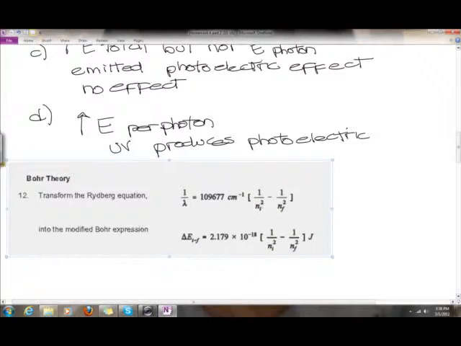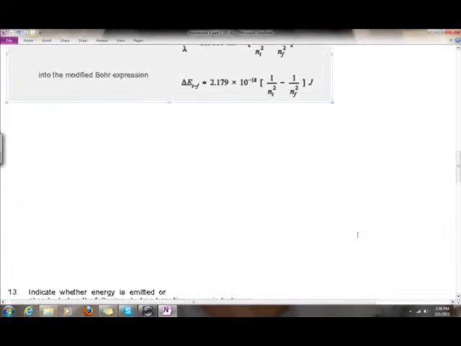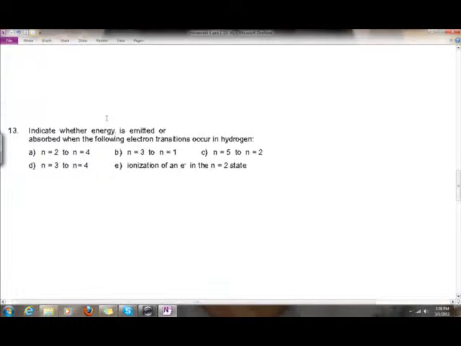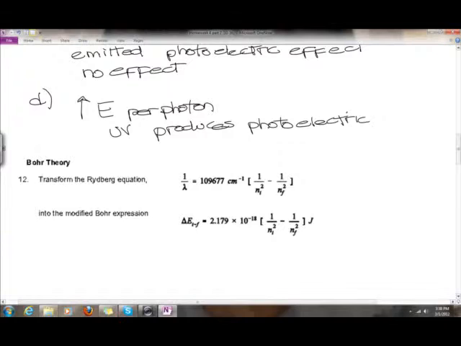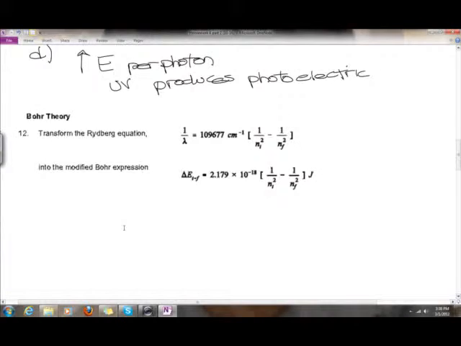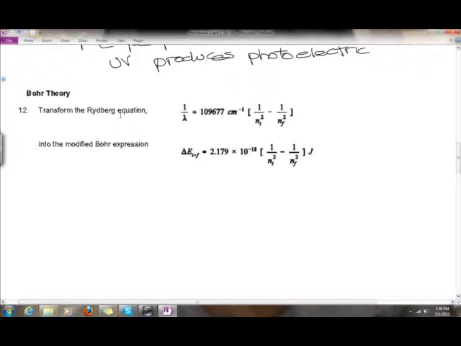Let me move it a little bit up, and let's look at number 12. Number 12: transform the Rydberg equation into the modified Bohr expression. What is the Rydberg equation?